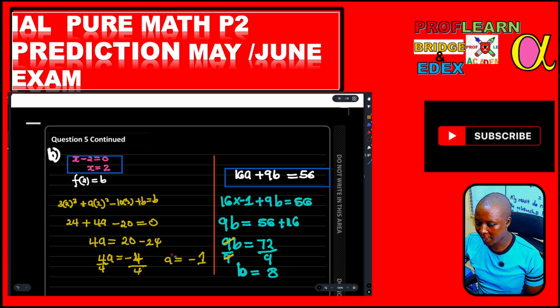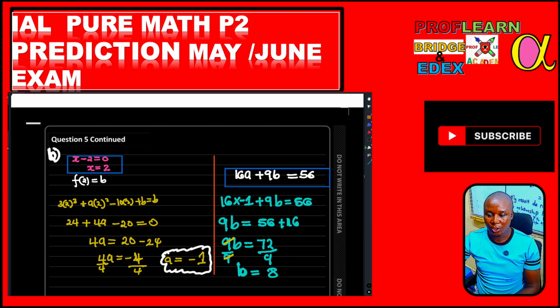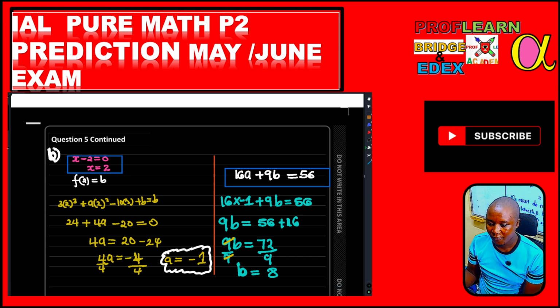We shall have our a equals -1, because if you are having b on one side and b on the other side, they will cancel out. In order to find the value of b, we substitute a, which we have gotten as -1, into the equation we had gotten in part A, which is 16a plus 9b equals 56.